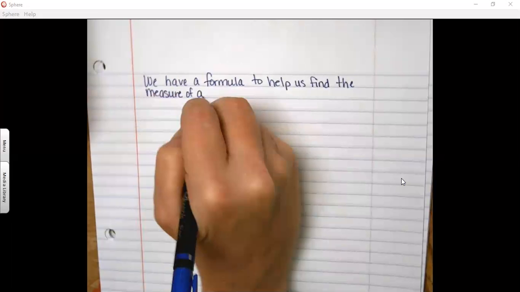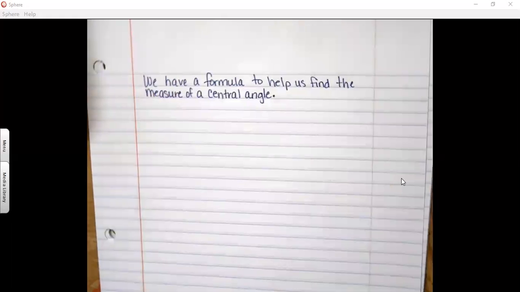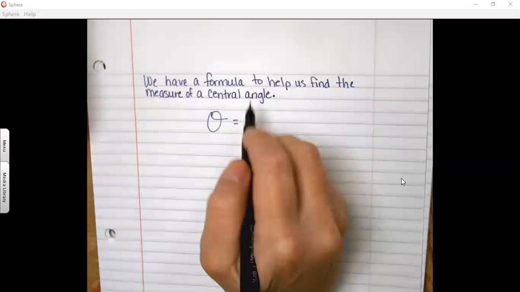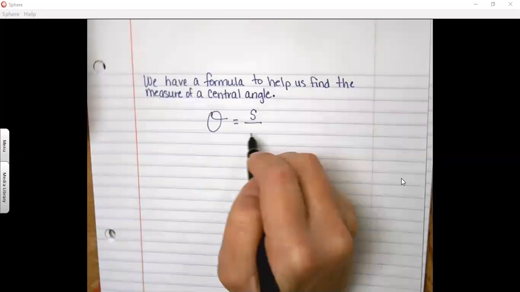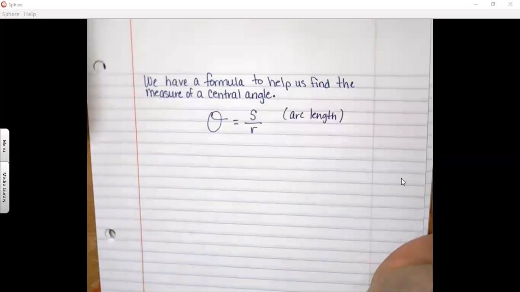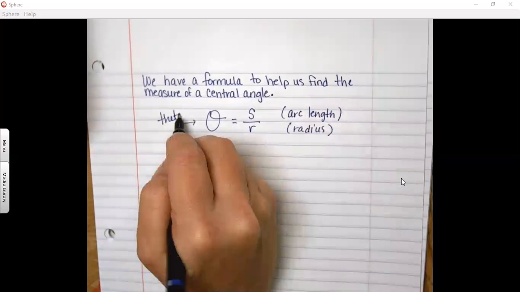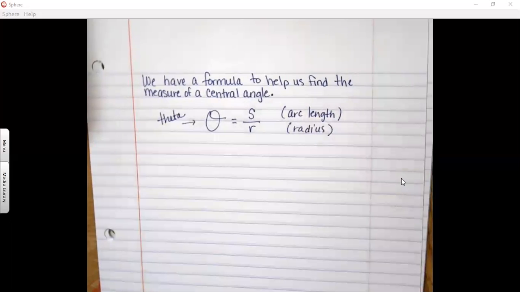That formula is: to find theta, you take the arc length and divide that by the radius. S is what we use to represent arc length, and R is what we use to represent a radius. And that little symbol I drew is your theta. So that's our formula to help us find the measure of a central angle.